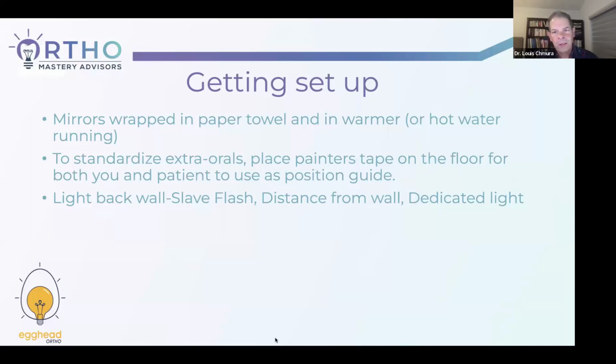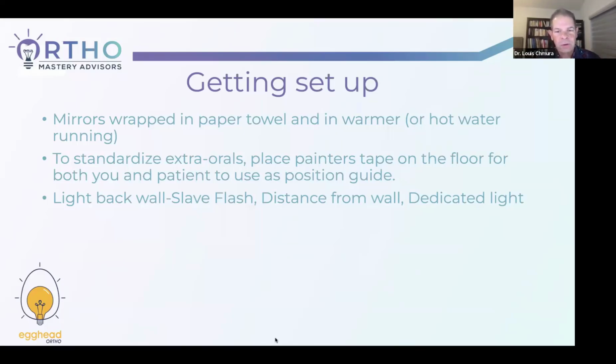Now, we had a slave flash, and that's basically a box with a flash inside. When we took pictures and the flash went off, then the slave flash would go off and light up the background. That's a good way to do it, but you don't necessarily need to have that kind of an expense. If you don't have the patient too close to the wall, so long as there's something shining on the wall, you can take a picture and not get a shadow.